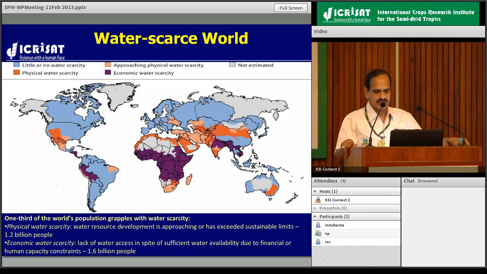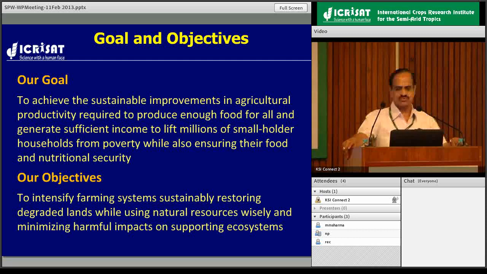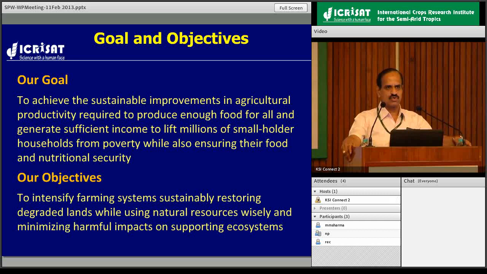The water demand is increasing, and the only solution for that is to enhance the water use efficiency and produce more from the land resources, which most of the time we find across the developing world are in a degraded stage.